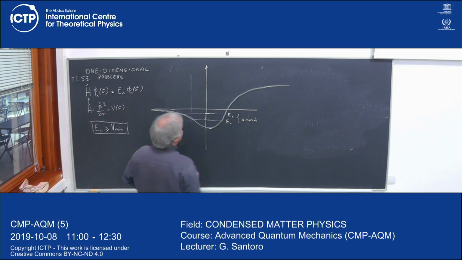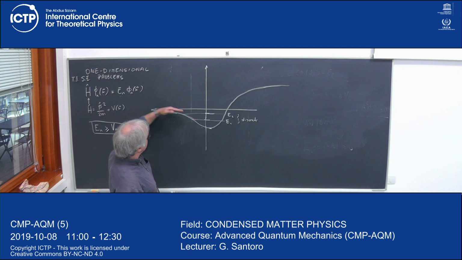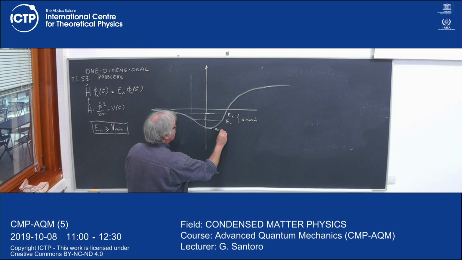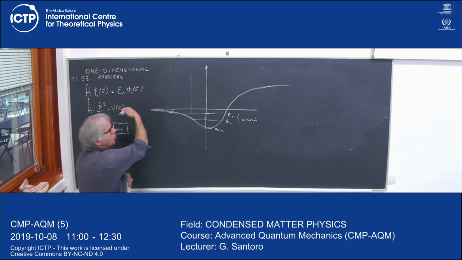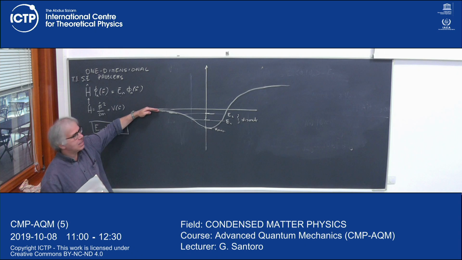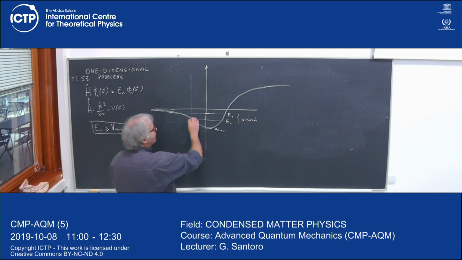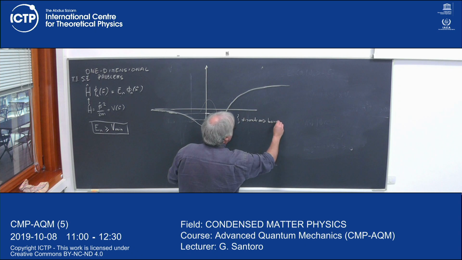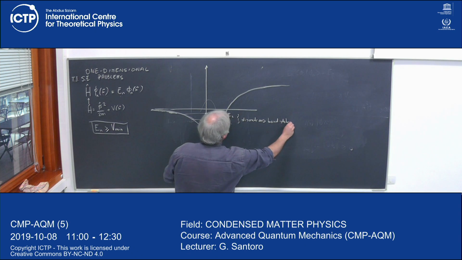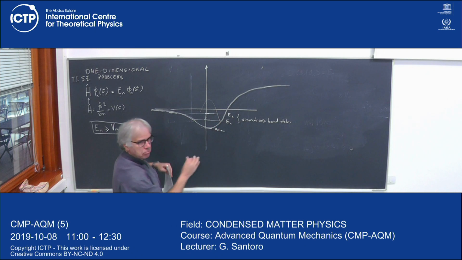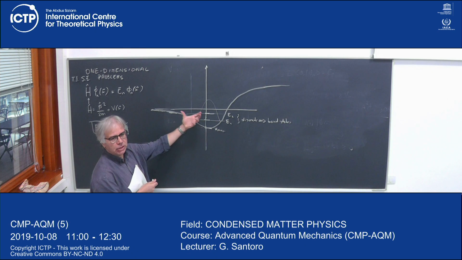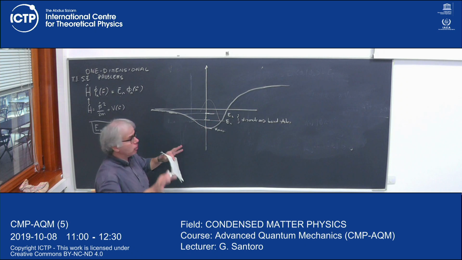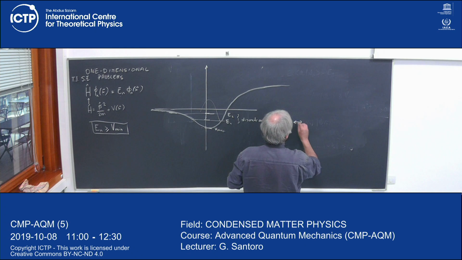The discrete part of the spectrum is in between the minimum and the value of the potential at infinity. These are associated to wave functions that are somehow bound. They are called bound states, which means that their probability is essentially different from zero only in a finite region of space close to this region. And they are normalizable.